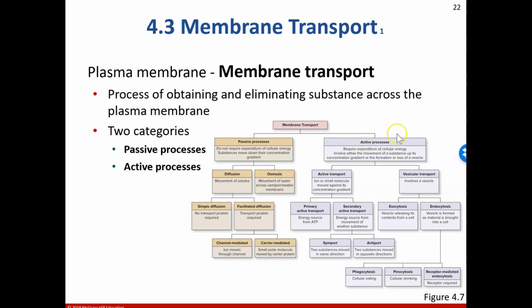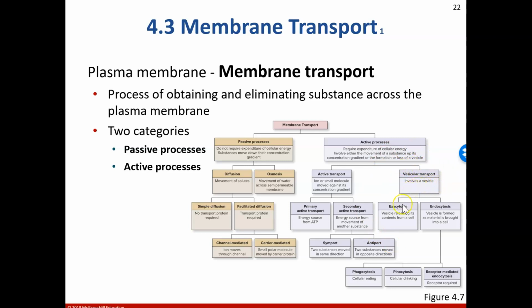And our second category is active processes, in which we can have active transport, which can be primary or secondary. And if it's a secondary type of transport, it can either be symport, in which we are passing those two substances in the same direction, or antiport, in which we are moving the substances in opposite directions. And the other type of active process is vesicular transport.